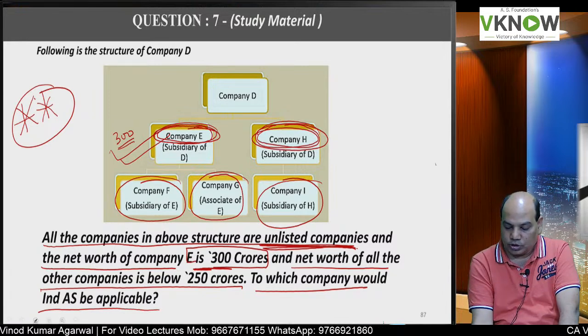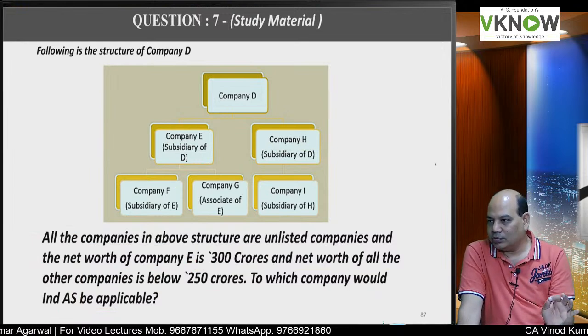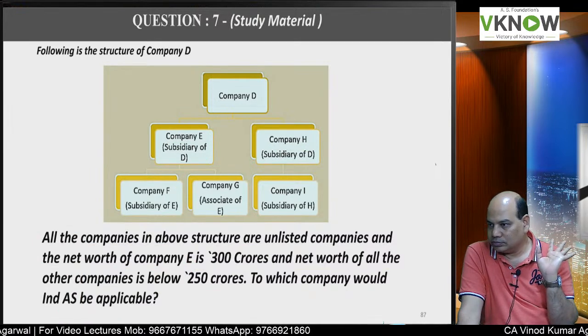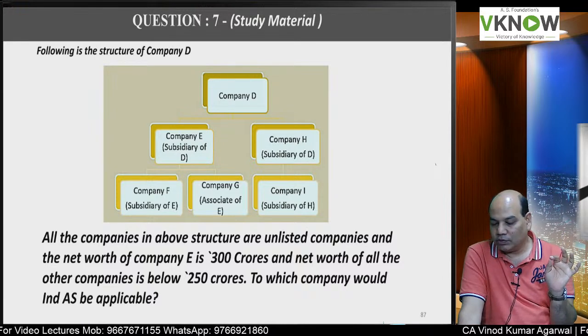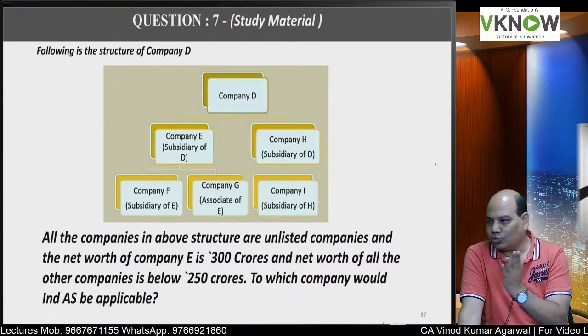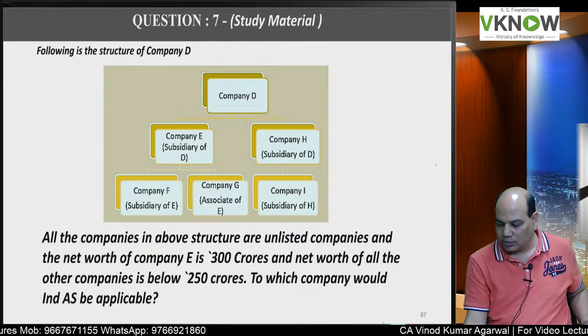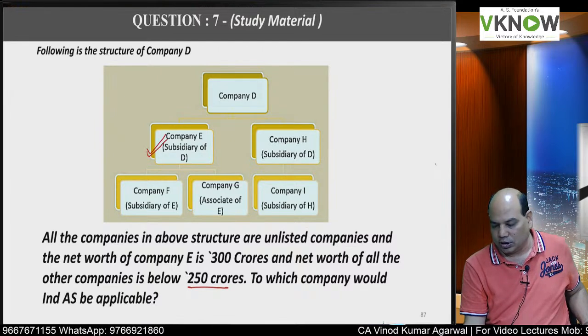First you have to see, if I apply the applicability criteria, none of them are listed. Then I will apply the net worth criteria. So the net worth of only E is 250 crore and above. We are assuming phase 2 or thereafter. So it is applicable to E.